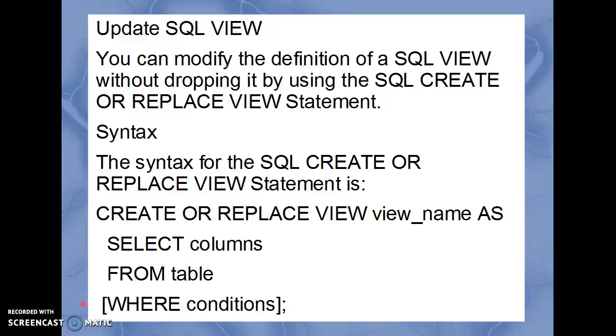Okay, we can also update the views. We can add or modify based on the client's requirements. We can also replace the columns or make some modification to a particular view. That's called create or replace view.